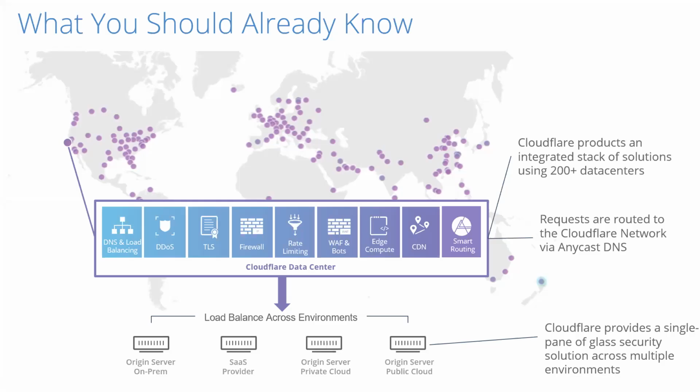That is why understanding the Anycast network is very, very important. As pre-sales, or even post-sales doing the implementation, you need to be able to explain this to your customers or even prospects.